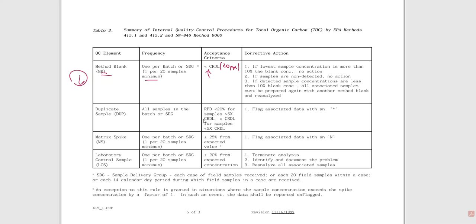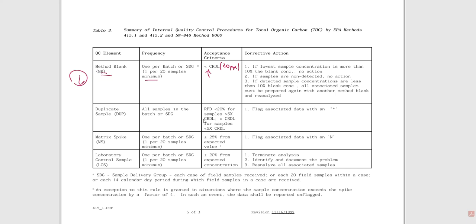If samples are non-detected, no action is going to be needed. And if the detected sample concentration is less than 10 times the blank, then all associated samples have to be prepped again with another method blank, and we've got to reanalyze them.